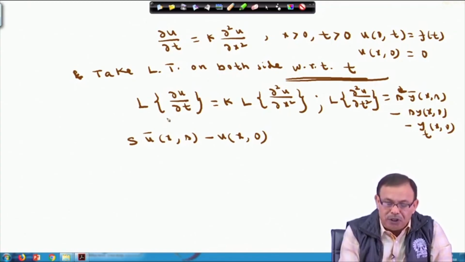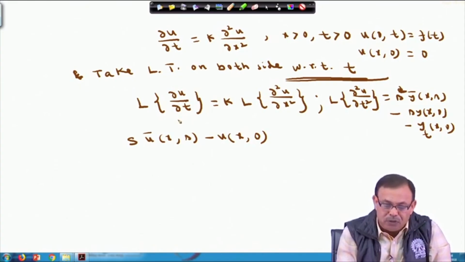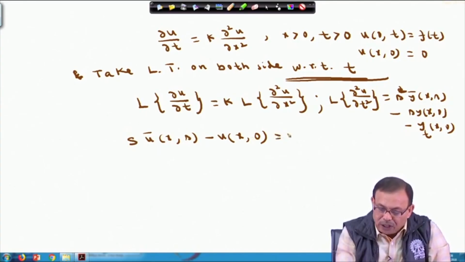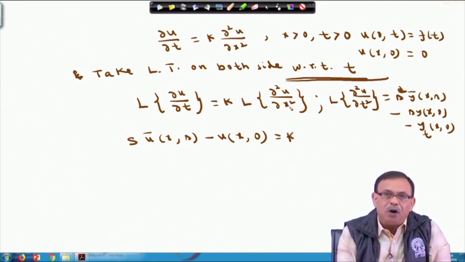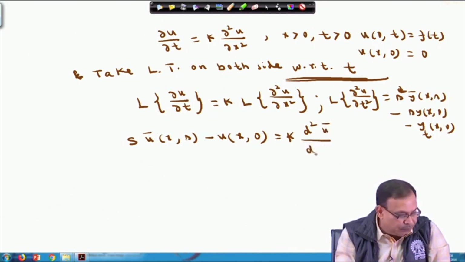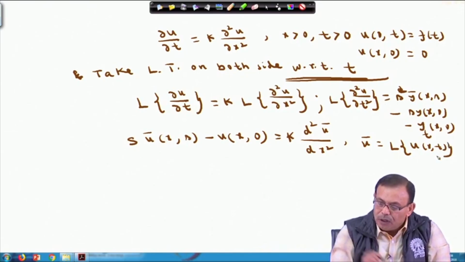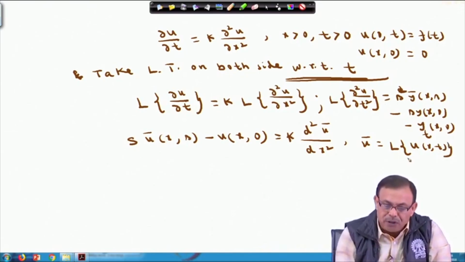On the right side, the Laplace transform of ∂²u/∂x² is simply d²ū/dx², where ū is nothing but the Laplace transform of u(x,t).